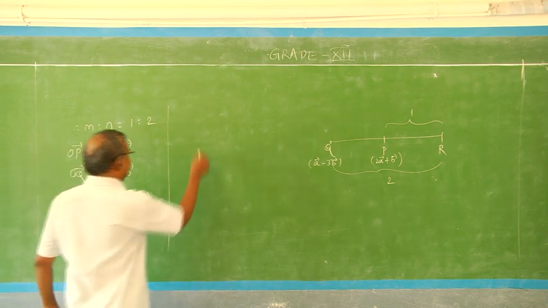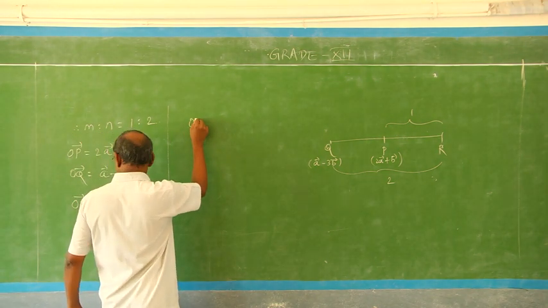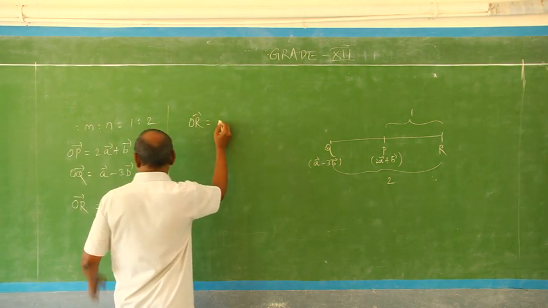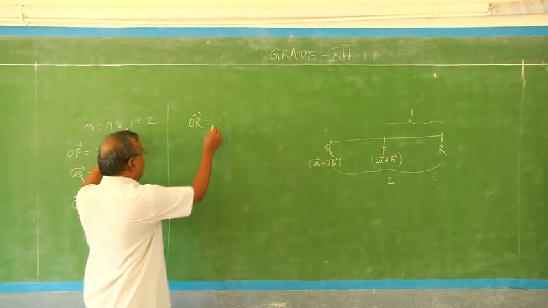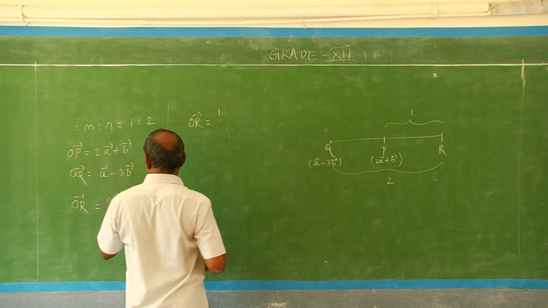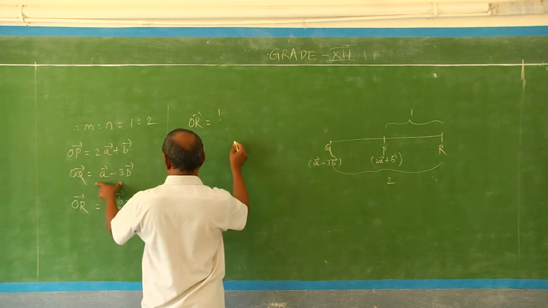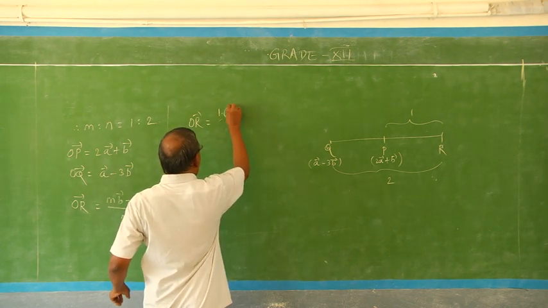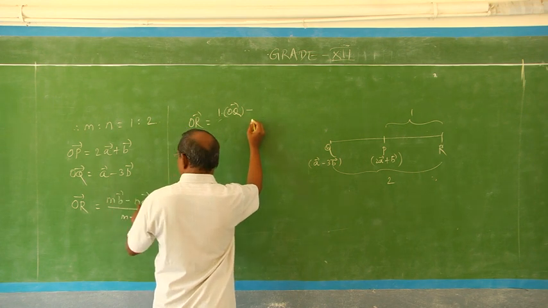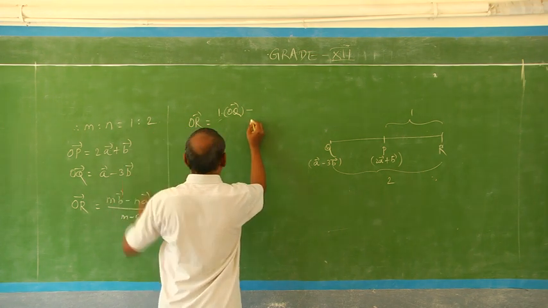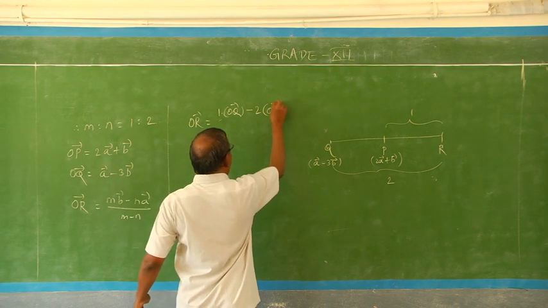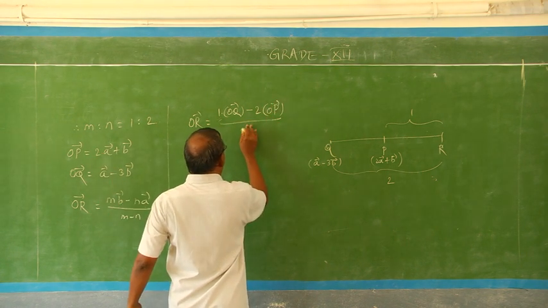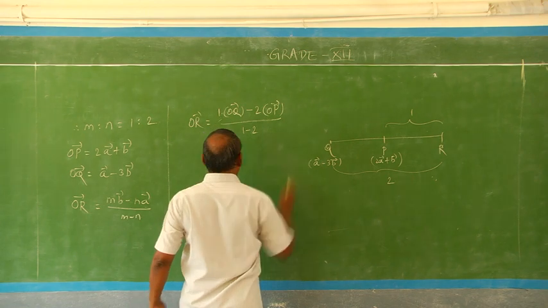Accordingly, here OR vector is given by m into b vector, that is the first ratio, m is 1, into b vector, which means the second vector, that is OQ vector, minus n a vector. n is 2, so 2 into a vector, which means the first vector, that is OP vector, divided by m minus n, 1 minus 2. So we can substitute the values.